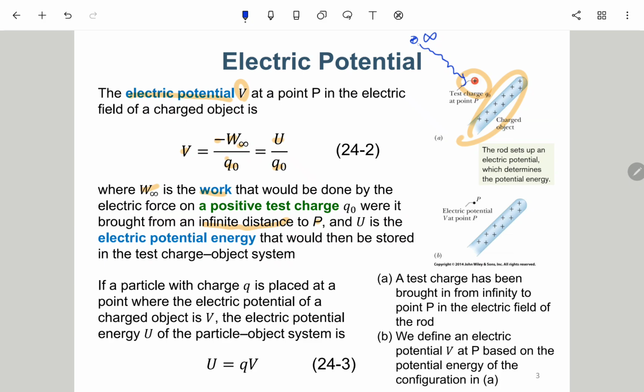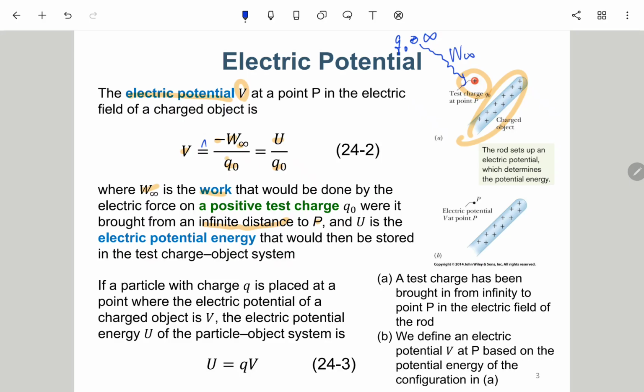Anyway, we put it here, so we need to do some work, and the work done will be W infinity. So this electric potential V is defined by negative W infinity over Q0, where Q0 is the charge of this test charge.